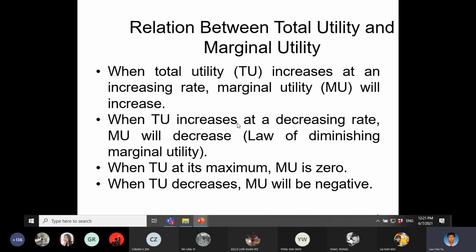When total utility increases at a decreasing rate, your marginal utility will decrease, and we can explain this based on the law of diminishing marginal utility. When total utility is at its maximum, marginal utility is zero. When total utility decreases, marginal utility will be negative.